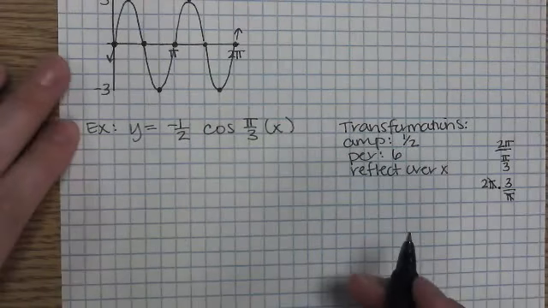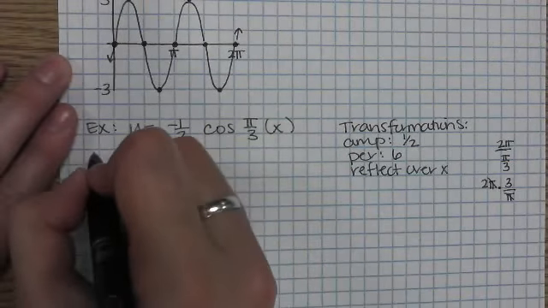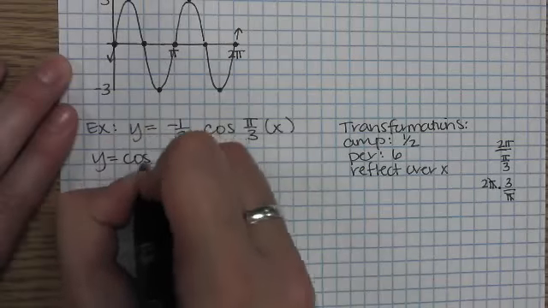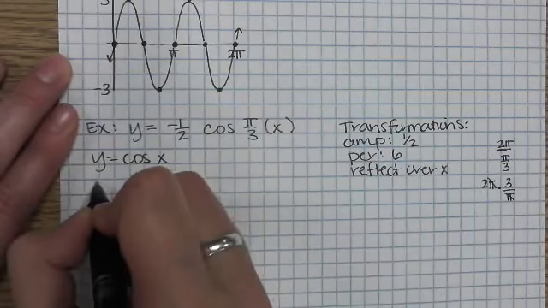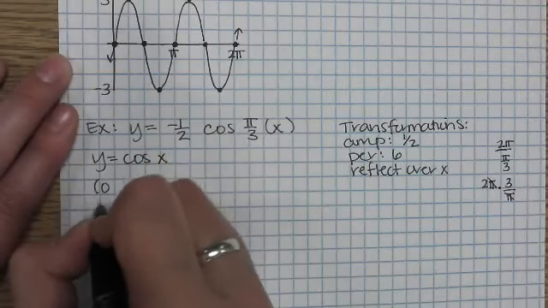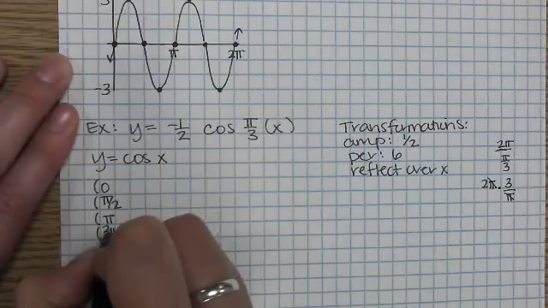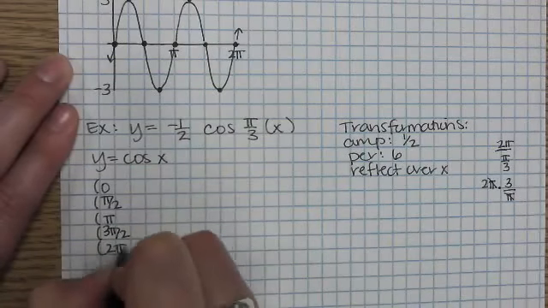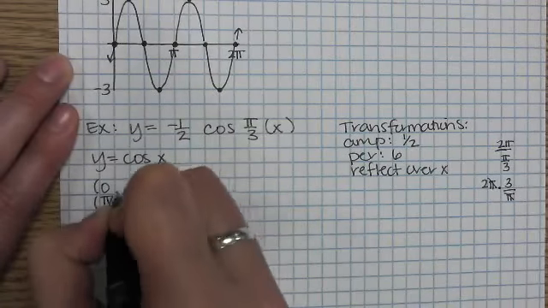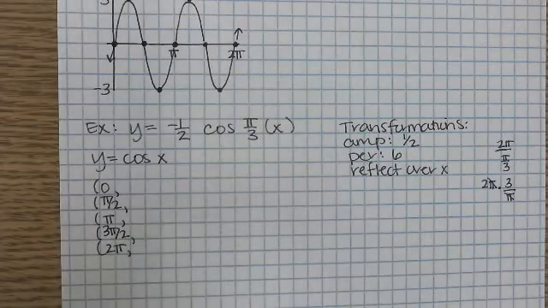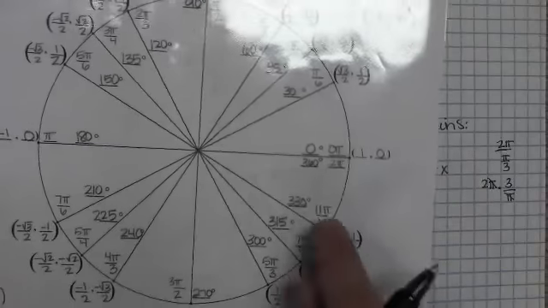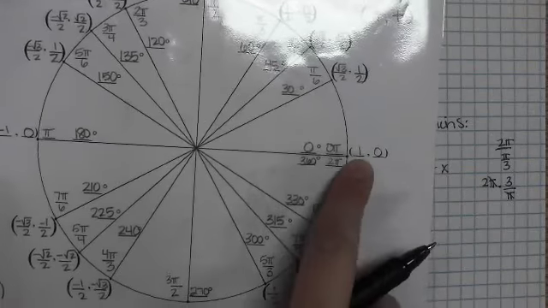So now we're going to look at the original points for y equals cos x. And we're going to start with the same radians that we did before for our 5 points. But this time from the unit circle, we are not going to look at the y coordinate, we're going to look at the x coordinate. So we've got 1 and 0.